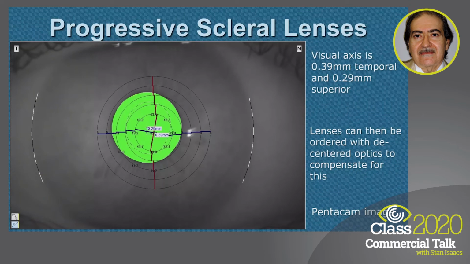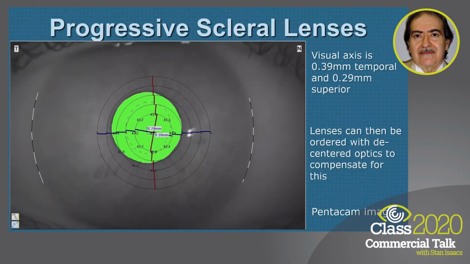So let's look at a normal patient and see how their optics are actually decentered from their geometric axis. The Pentacam does this for you very well. This is the line on white to white from scleral margin to scleral margin, and you see the visual axis is decentered 0.39 millimeters temporal and 0.29 millimeters superior.